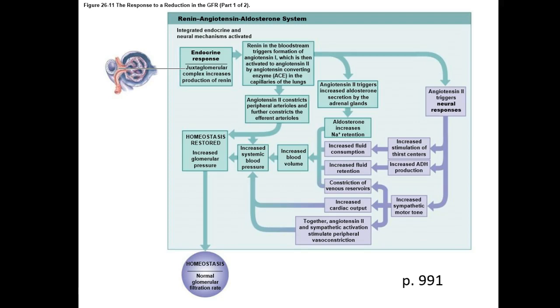The endocrine response is renin is triggered. So renin in the bloodstream triggers the formation of angiotensin 1 from angiotensinogen, which is activated then to angiotensin 2 by the angiotensin converting enzyme, ACE enzyme, in the lungs.